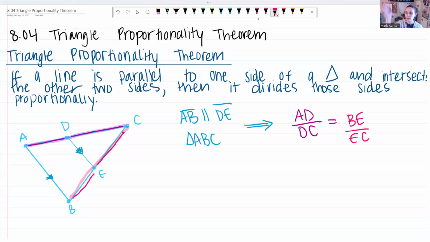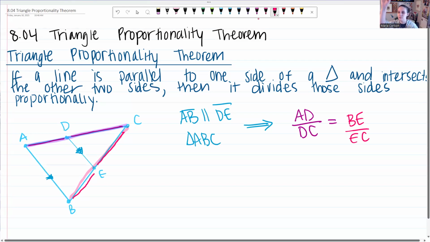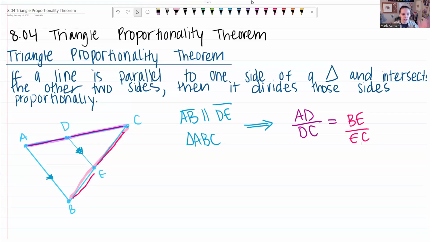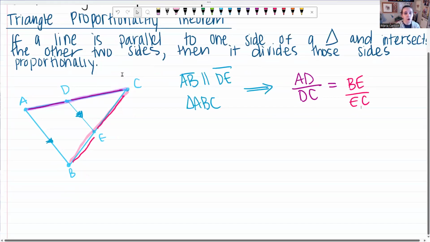So they're divided up into the same ratio. AD and BE are the smaller pieces, both on top, and DC and EC are both the larger pieces on the bottom. And then AD and DC on one side and BE and EC on the other side of the equal sign. So this is really what the triangle proportionality theorem means.